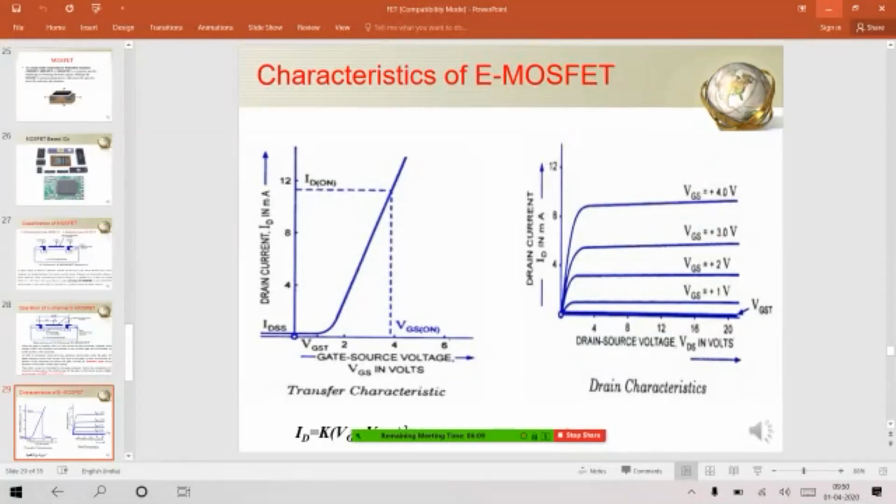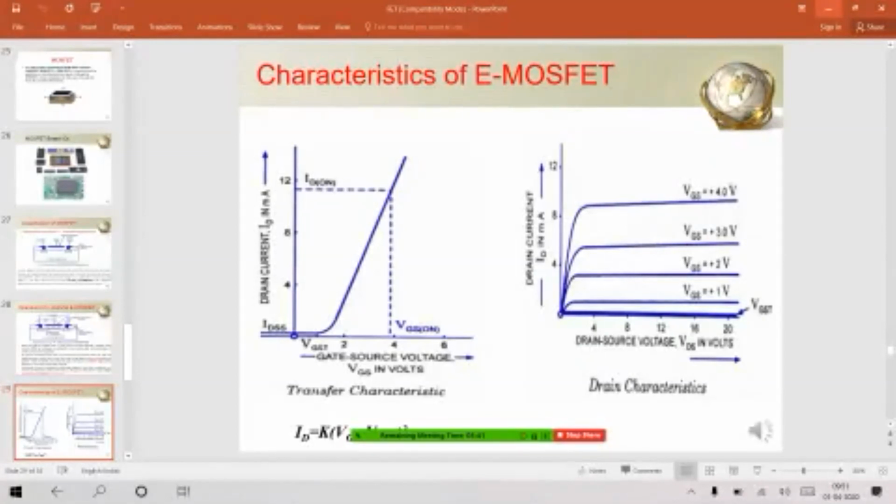So at one value of VGS, suppose say 1 volt at threshold voltage, your device started conducting and you can see the current. In the beginning, there is a variation in the current. After that, it remains constant. So there is no effect of VDS after some point, right? VDS you are increasing on the x-axis, but current is remaining constant.